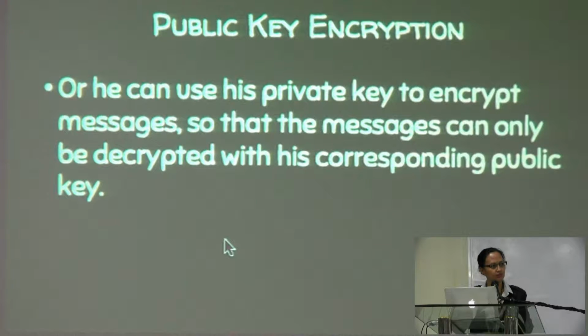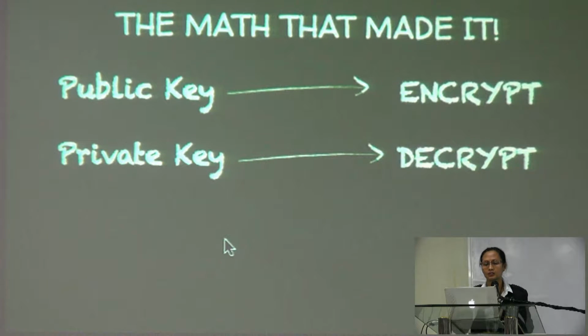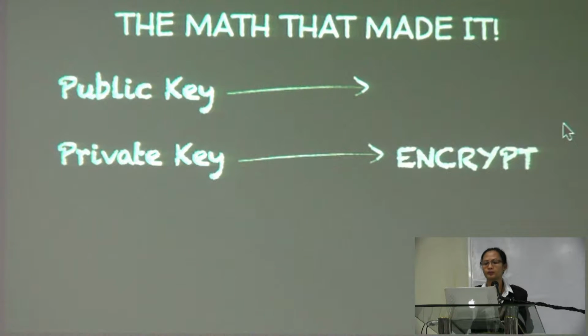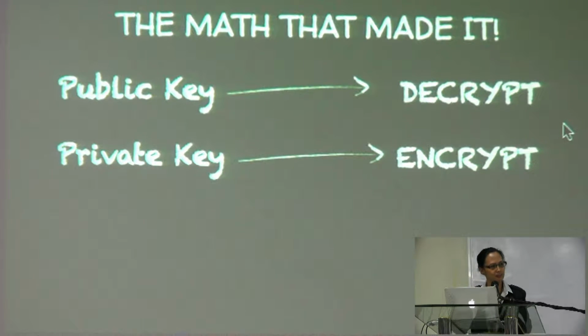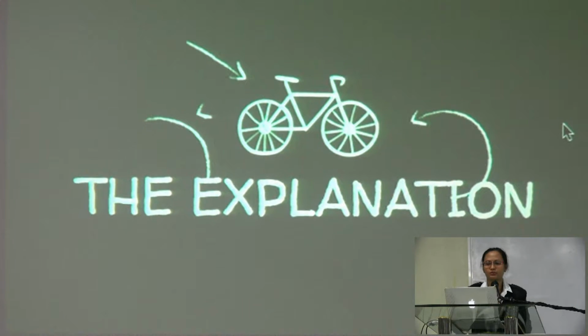Sabi ko nga, pwede mag-interchange yung role ng dalawang yan. So again, you use the public key to encrypt and use the private key to decrypt. Or, pwede magbaliktad, kasi it doesn't really matter, pwede rin naman yung isa pang-encrypt, tapos yung isa yung pang-decrypt. Parati silang partner. So the question is, why does this work?